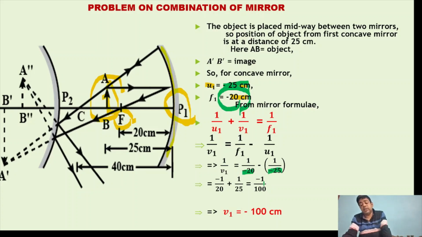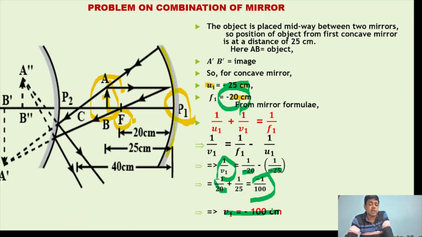So in place of F1 and U1, you use the values, and after simplification it is minus 1 by 20, and you see minus and minus, this is minus and minus. It will be 1 plus 1 by 25, which is minus 1 by 100. So you see now 1 by V1 is equal to minus 1 by 100. So V1 will be minus 100 centimeter.